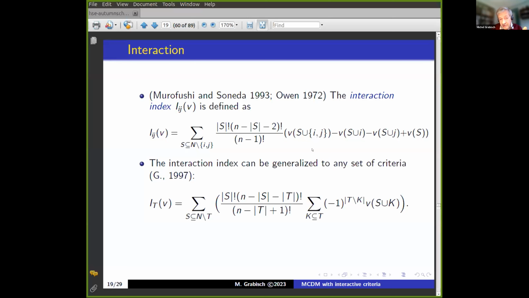And otherwise, I must consider more attributes and generalize my formula, which is here. This is a general form for any subset of criteria. So this interaction index contains as particular cases this one and also the Shapley value.